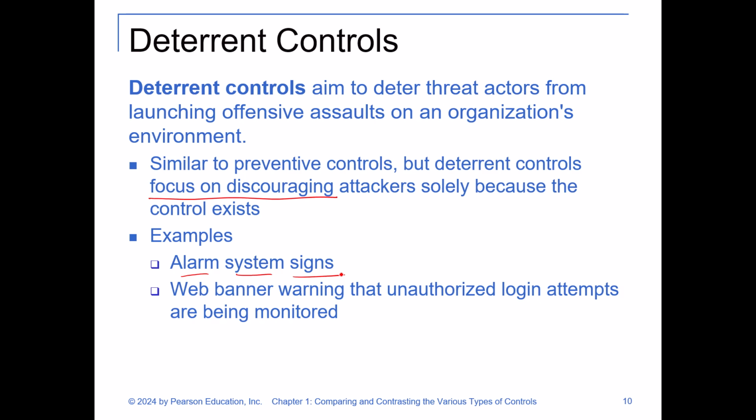That is a deterrent because they say, hey, if you break into this property, we have an alarm system. So we discourage the action by providing a deterrent control. A web banner that unauthorized login attempts are monitored. Those are good ones. So again, the discouragement portion is key in the deterrent control.